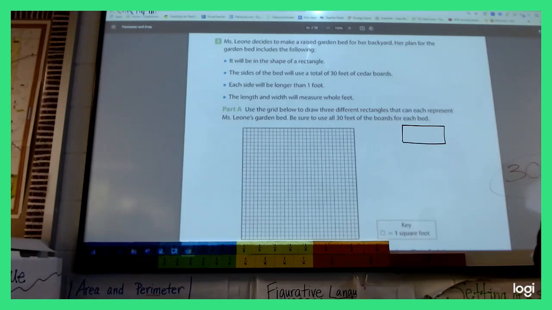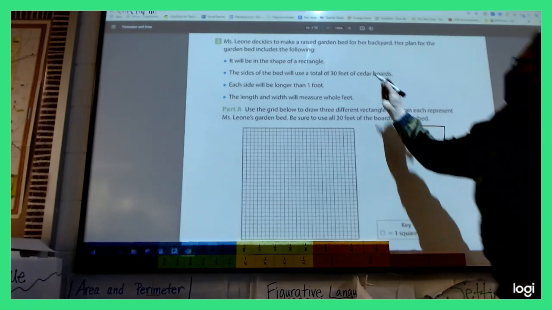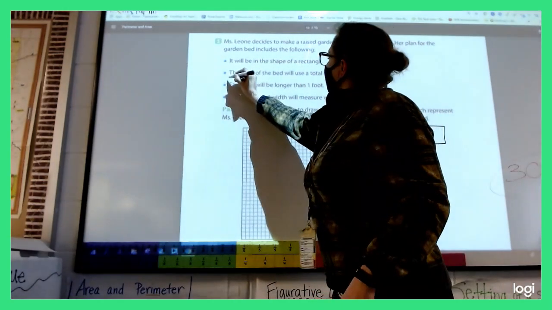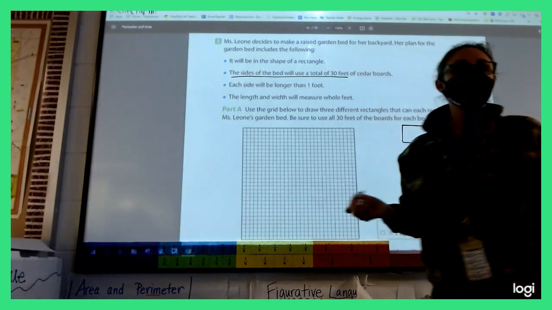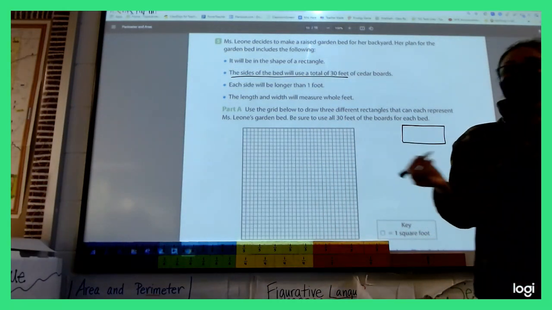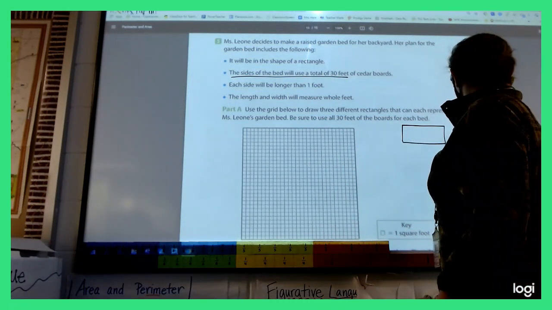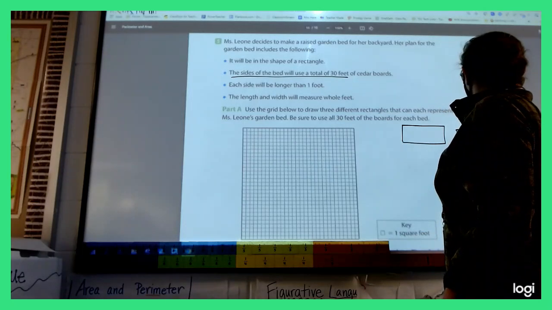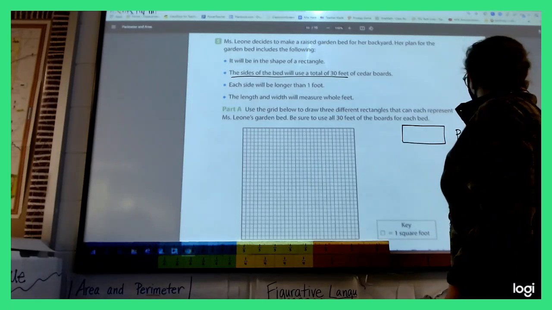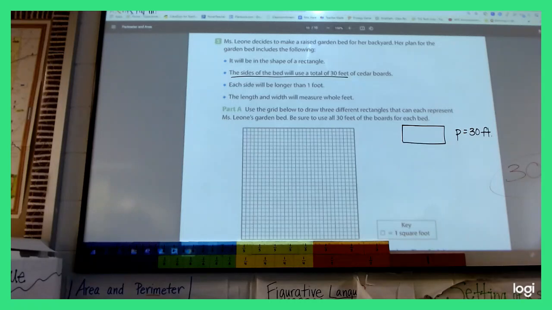Do we call that area or perimeter? Abby? Perimeter. So is it safe to say that 30 feet around the outside is our perimeter? Yeah. Okay, good. So over here somewhere, I'm going to put P equals 30 feet. So no matter what we do, the perimeter has to be 30 feet.